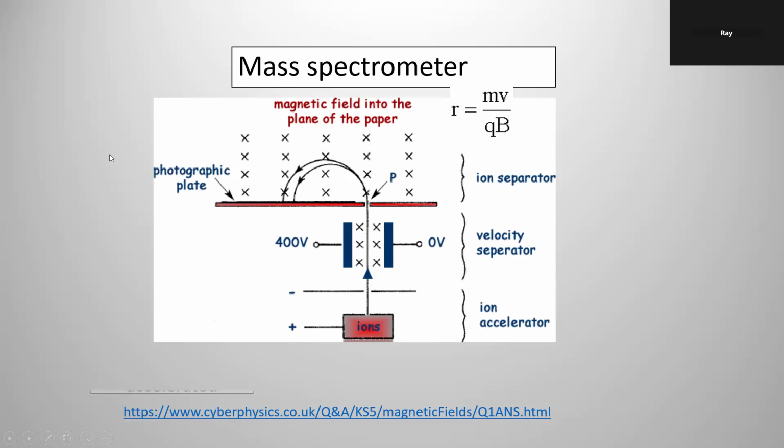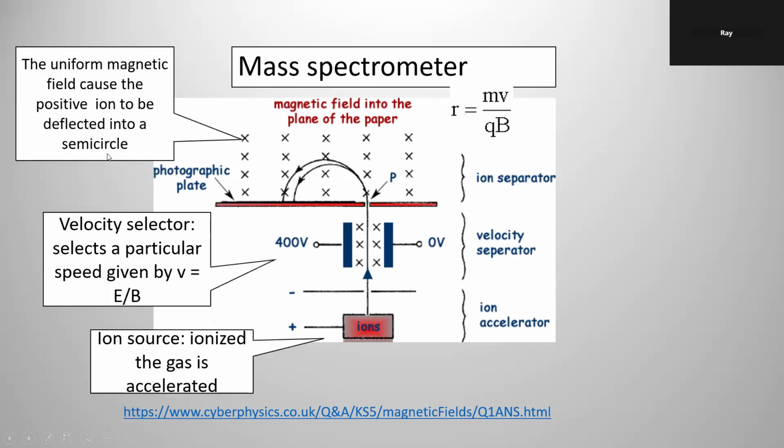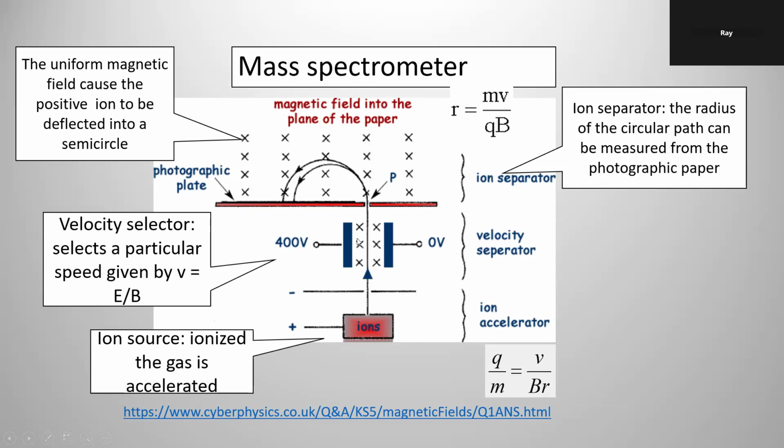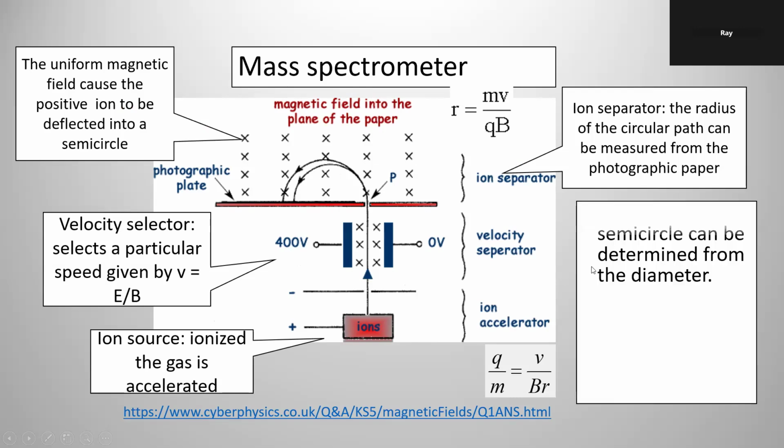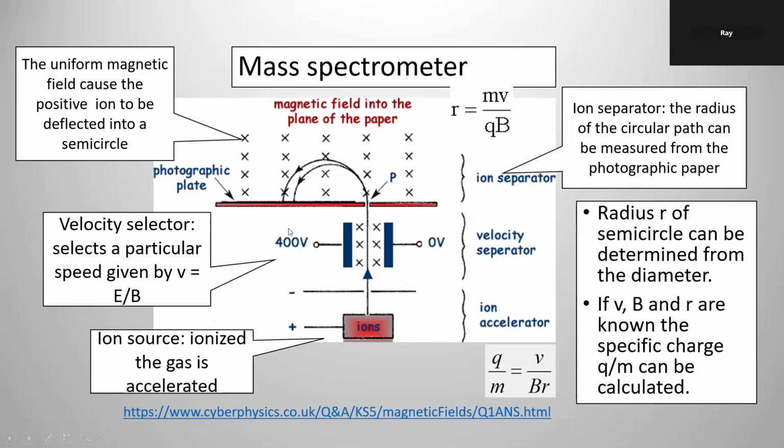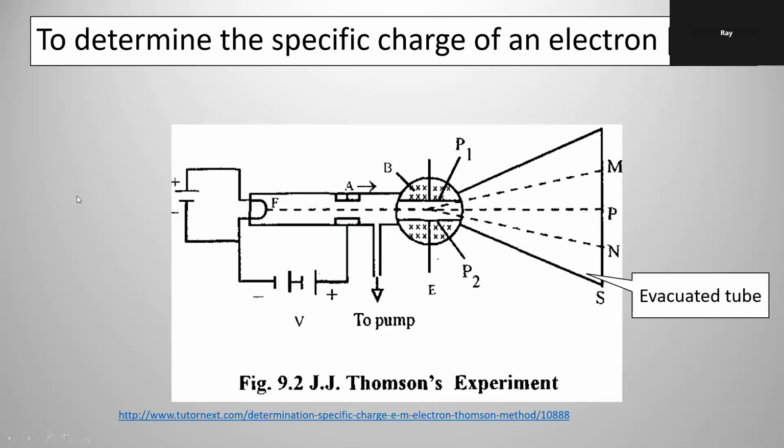You won't bother about that. You are only interested in the velocity selector. The radius can be measured from the diameter. There's an alternative apparatus, you won't bother about that also.